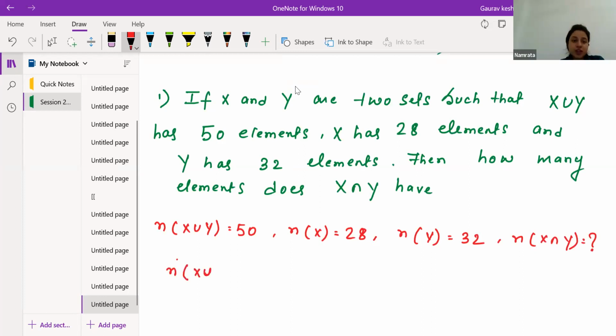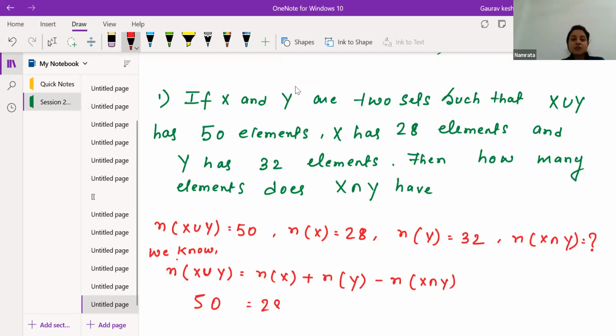The number of elements in X union Y is equal to what? Number of elements in X, yeah, plus number of elements in Y, yeah, minus number of elements in X intersection Y. Let's do it quickly. Here we have 50 elements, here we have 28 elements, here we have 32 elements, and we will get the number of elements in X intersection Y.